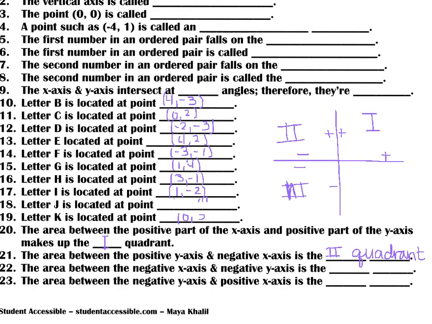So we use 3 i's pushed together. So that is the third quadrant. And then the last area, which is between the negative y and the positive x, that is the fourth quadrant, and we represent that with an I and then a V. So the fourth quadrant.